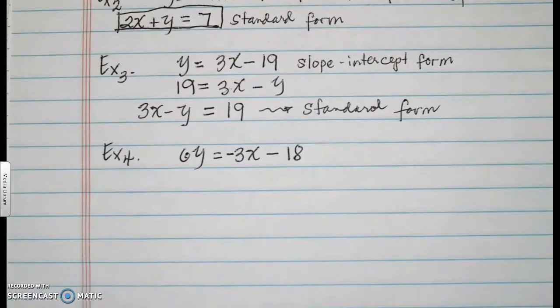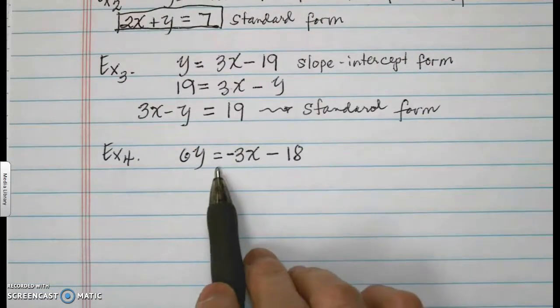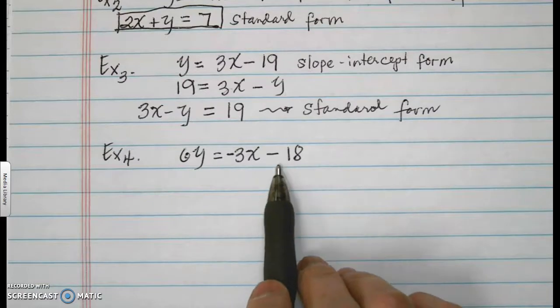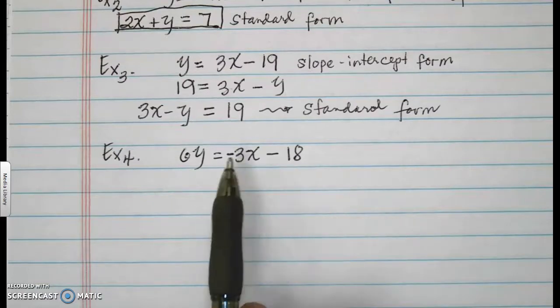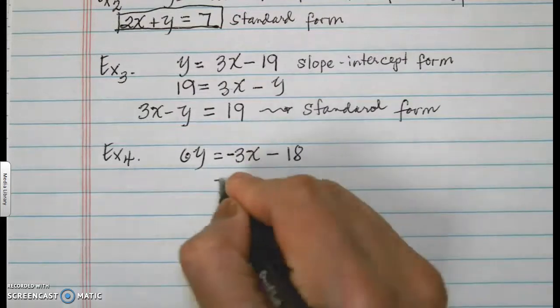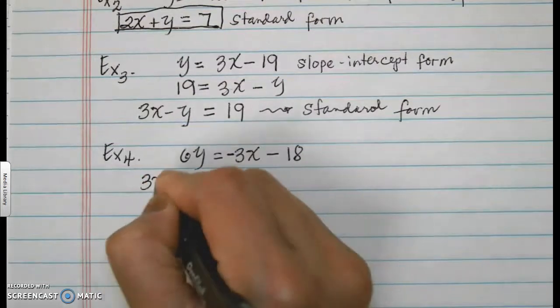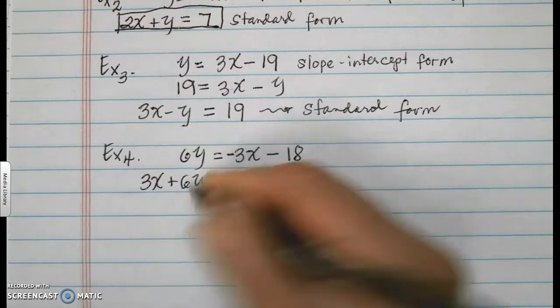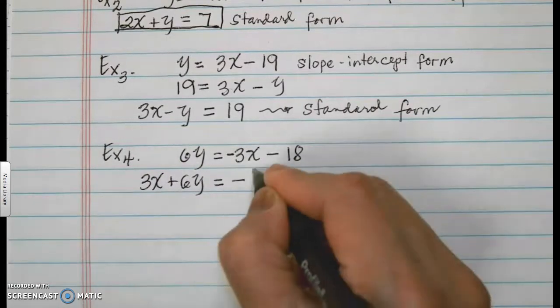Okay, example number 4, 6y equals negative 3x minus 18. So this is a negative 3x. I don't like negative for my a, so I'm going to put it to the other side, making this look like 3x plus 6y equals negative 18.